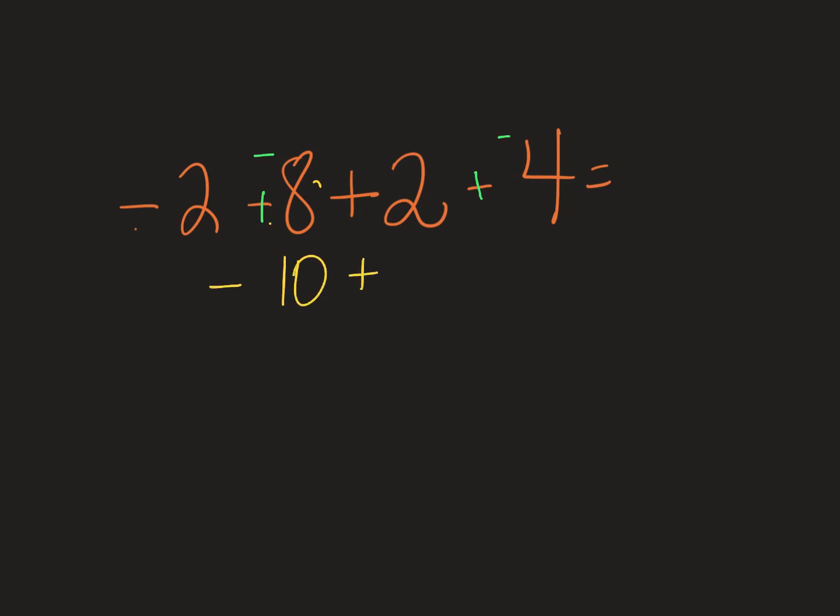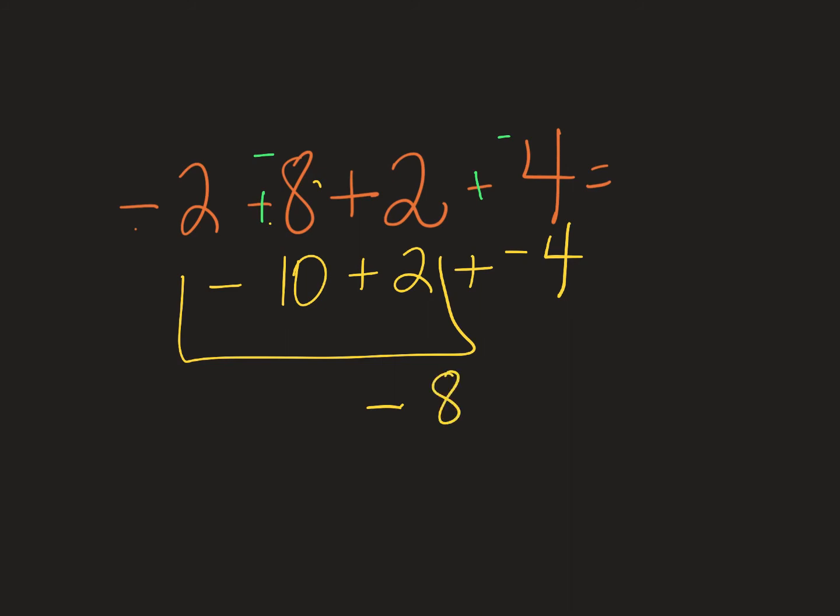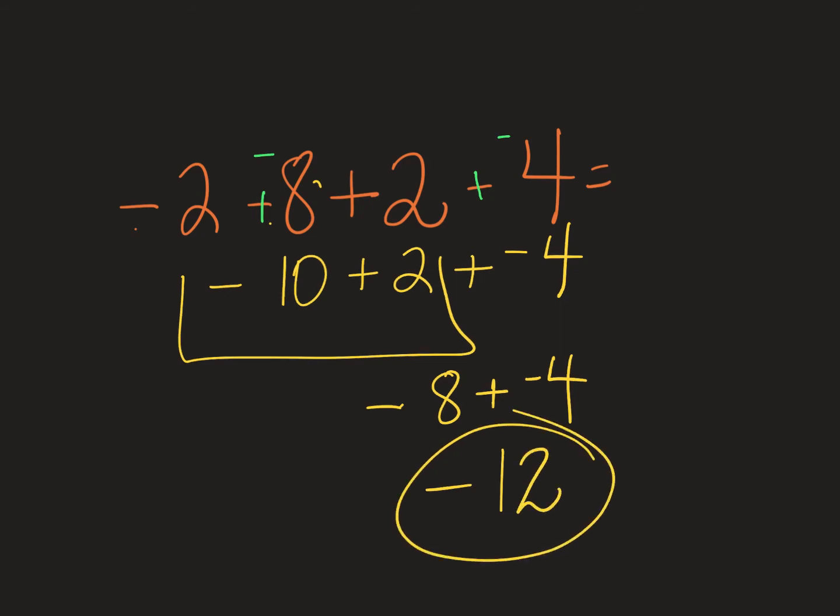Notice how I'm showing my work, folks. Negative 10 plus positive 2. You're going to subtract and get a negative 8. Plus a negative 4 equals a negative 12. Okay?